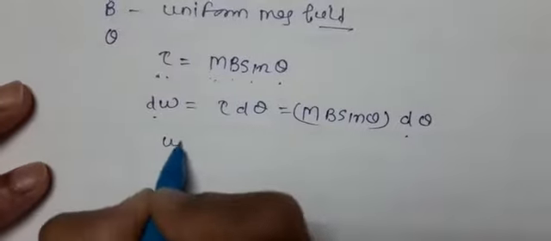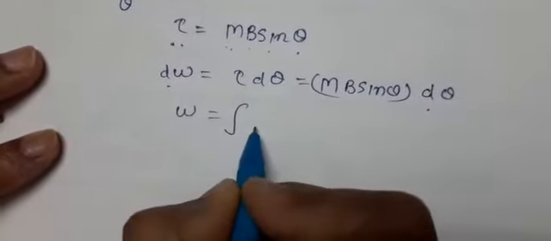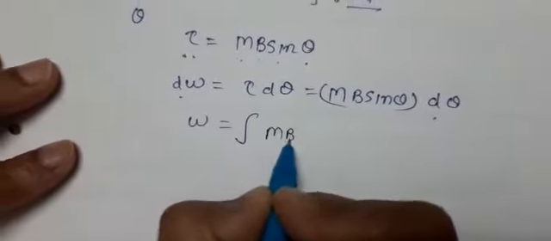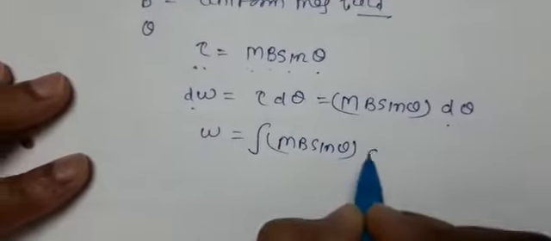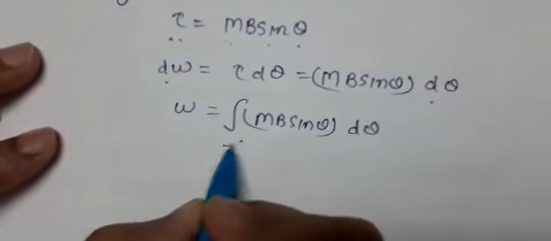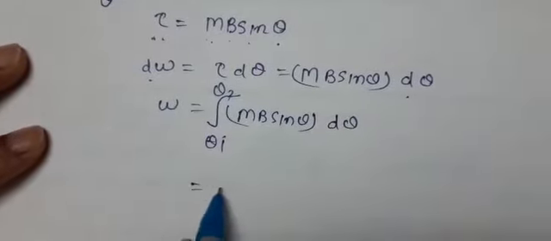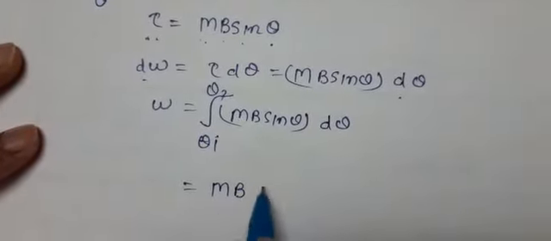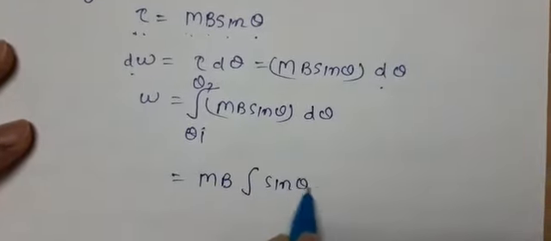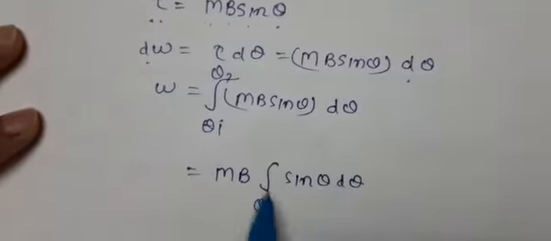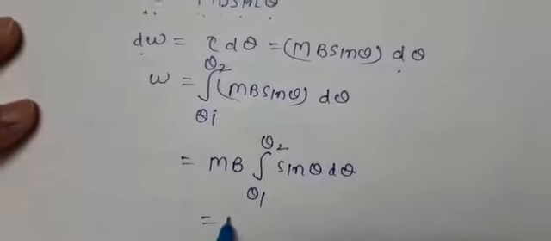So now total work done can be obtained by integrating it, that is small work done within the limits theta 1 to theta 2. So now this will be mb, integration will be of sin theta within the limits theta 1, theta 2.